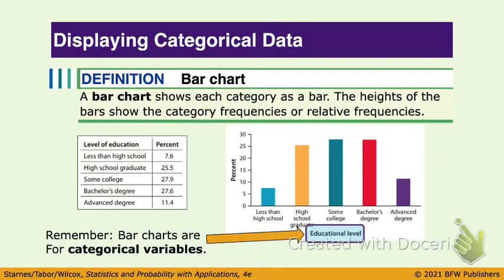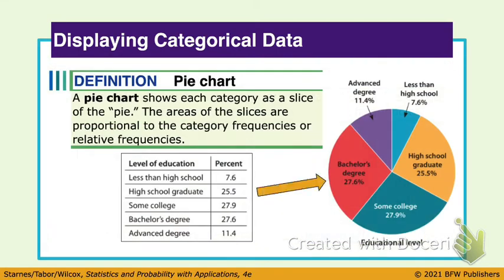Cool? Cool. Pie chart. You guys ever seen a pie chart before? All of a sudden everyone wants pizza, right? So a pie chart is going to show each category as a slice of the pie, if you will. The area of the slices is proportional to the category frequencies or relative frequencies.